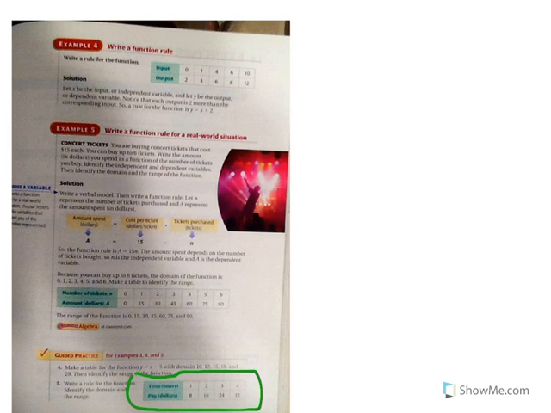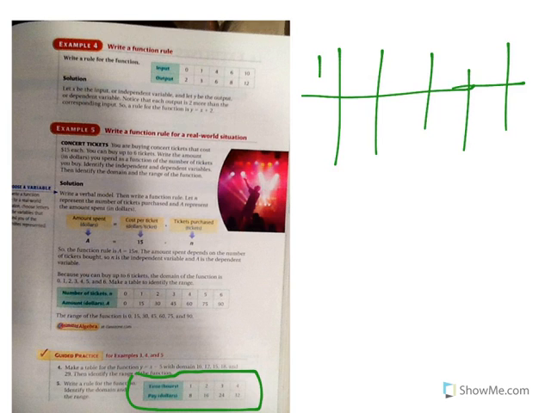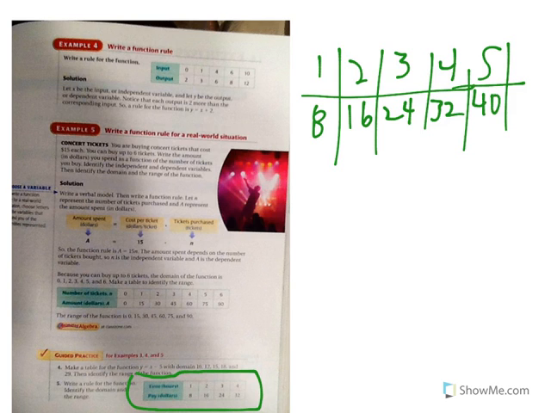Each time the time goes up by 1 hour, the value is going up by 8. And you probably guessed that 5 is going to be 40 and 6 is going to be 48.